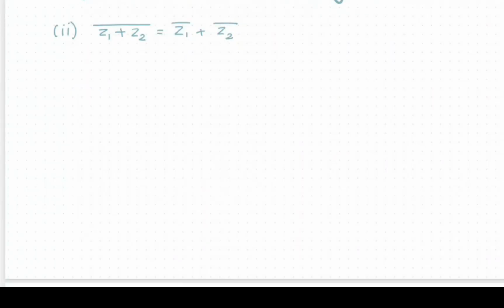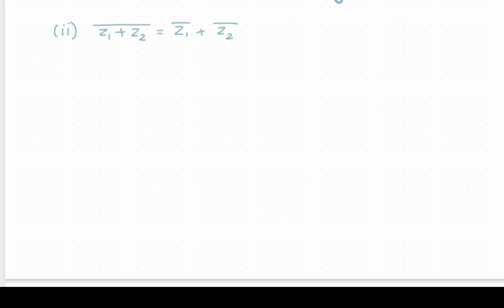Alright, so on to our second property of conjugates. It states that the conjugate of the sum of Z1 and Z2 is equal to the sum of the individual conjugates of Z1 and Z2. So how are we going to prove this?